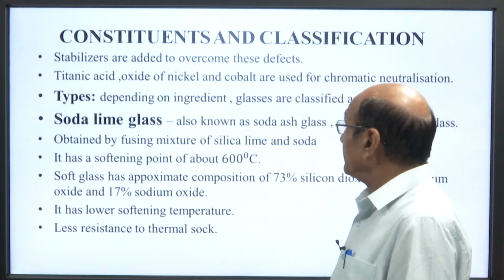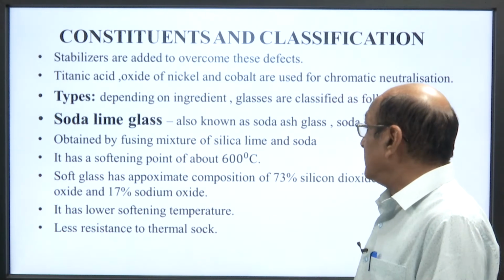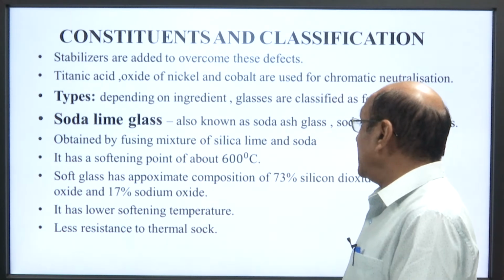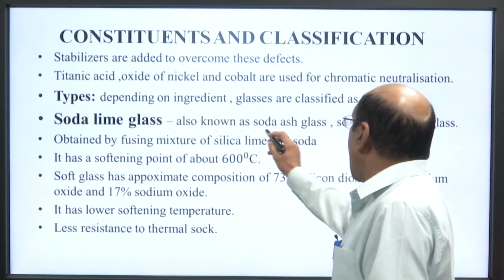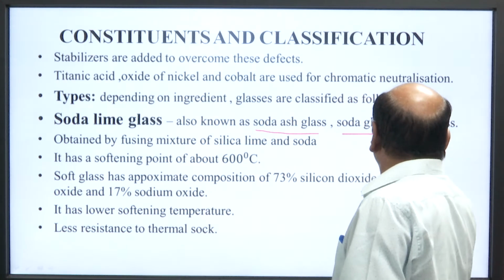The types. Depending on the ingredient, glasses are classified as below, which we will discuss here. First is soda lime glass, also known as soda ash glass, soda glass or soft glass.